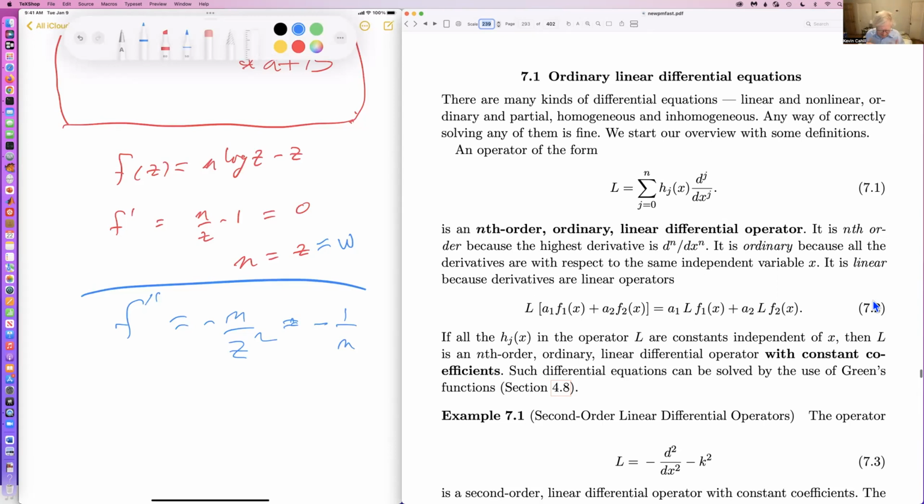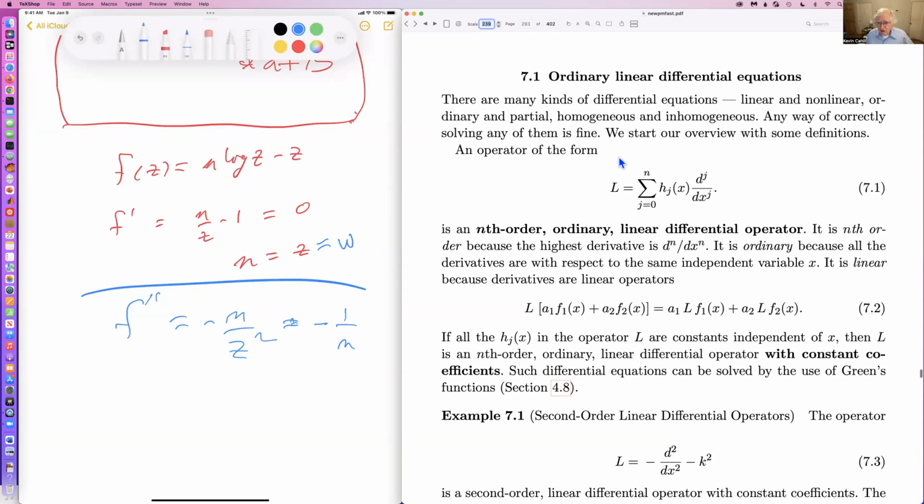General methods are useful, but only to a limited extent, and the general methods typically differ from each other. And so since there are many different kinds of differential equations, we have to start with many different definitions. Anyway, that's the way it is.